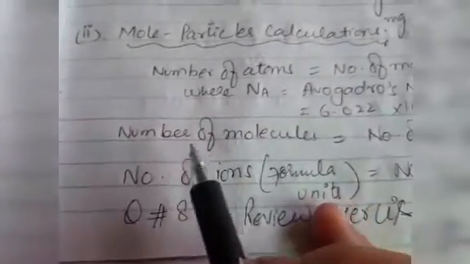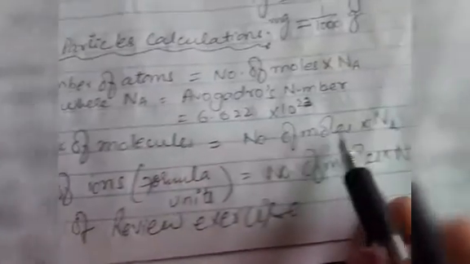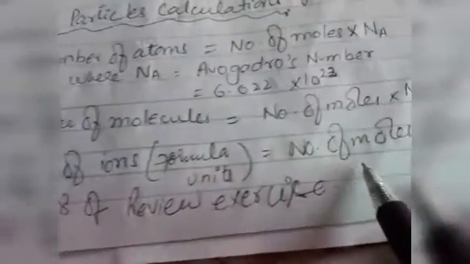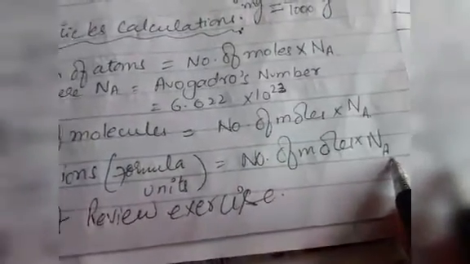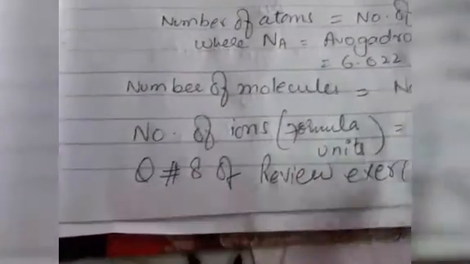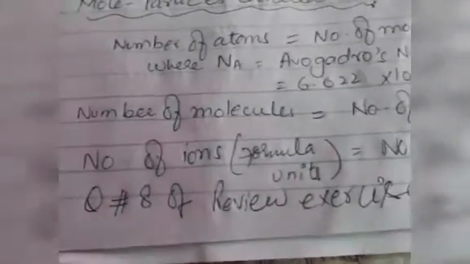So for example, number of molecules is equal to number of moles into Avogadro's number. Number of ions or formula units will be equal to number of moles into Avogadro's number. Now the question related to this is question number 8 of review exercise.